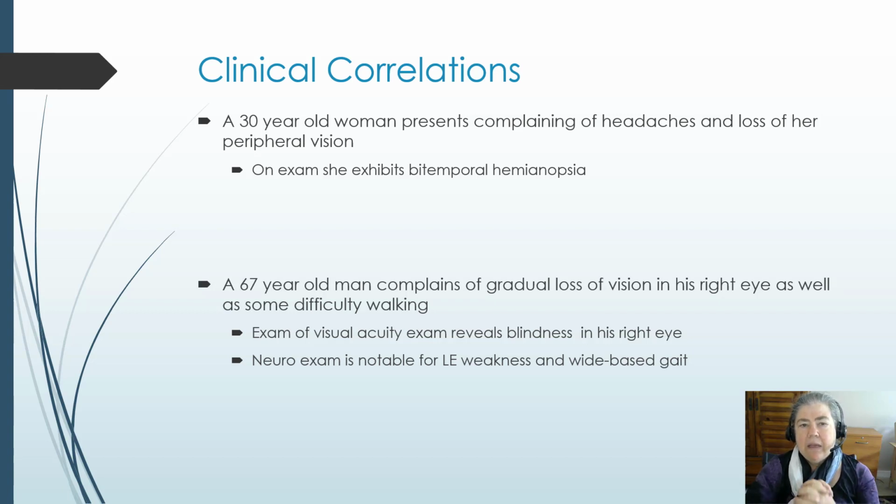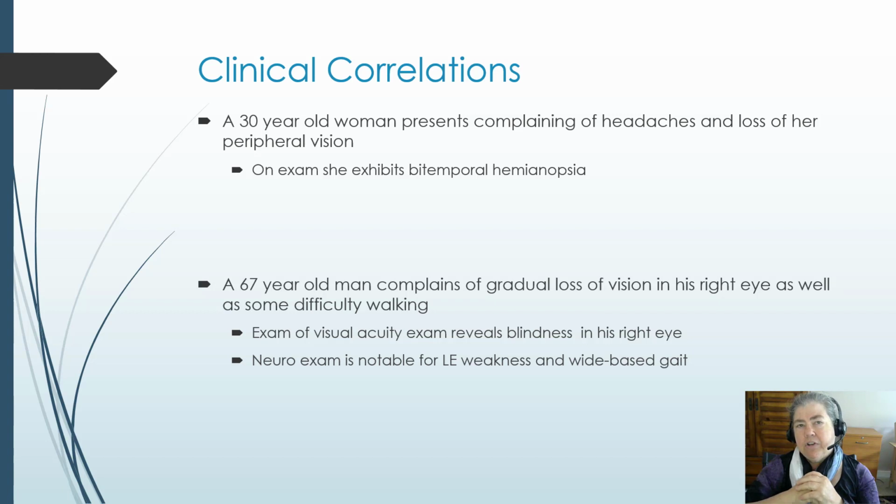So here we have a couple of clinical cases. We have a 30-year-old woman who comes in complaining of headaches and loss of peripheral vision. So you do a good exam and you check something called visual fields, and you determine that she has bitemporal hemianopsia. So she seems to have sort of tunnel vision. She can see the center of her vision, but she can't see peripherally on either side.